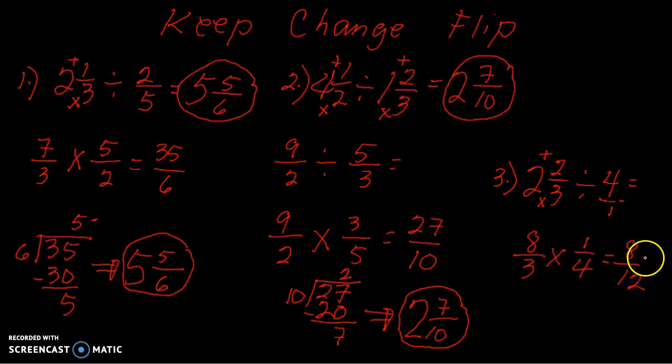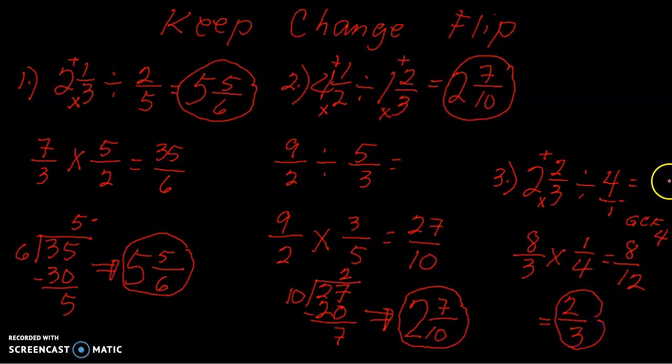Okay, so this is our answer now, but we can still reduce 8/12. What is our GCF for that? Our GCF for that is 4. So, 8 divided by 4 equals 2. And then 12 divided by 4 equals 3. So, this is now our final answer.